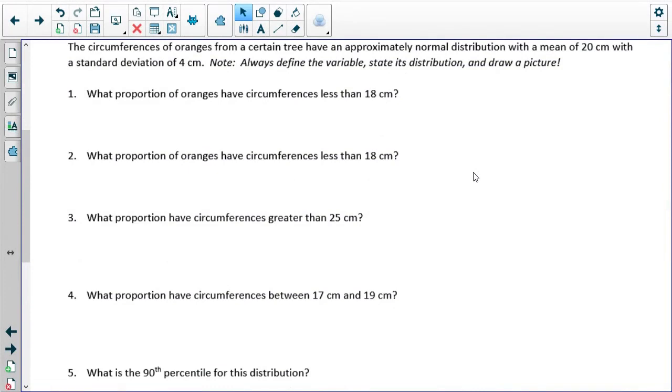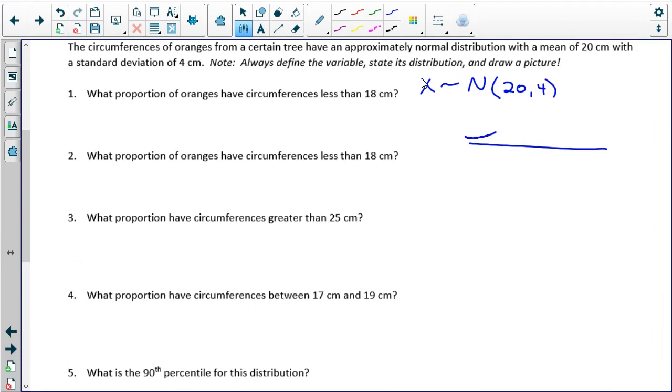So if I am dealing with this problem with oranges and their circumference, I'll call this variable x. X is the circumference of oranges. They're approximately normal with a mean of 20 and a standard deviation of 4. So let's quickly draw a picture: 20, 16, 24, 12, 28.